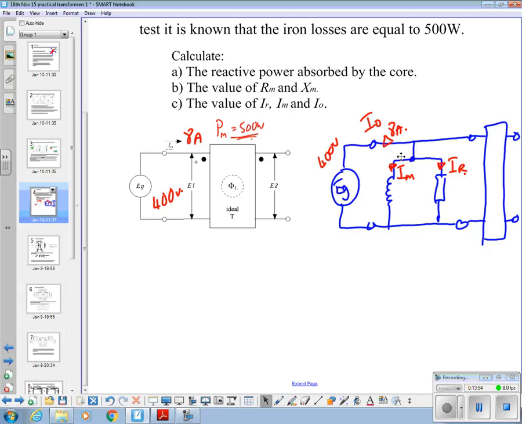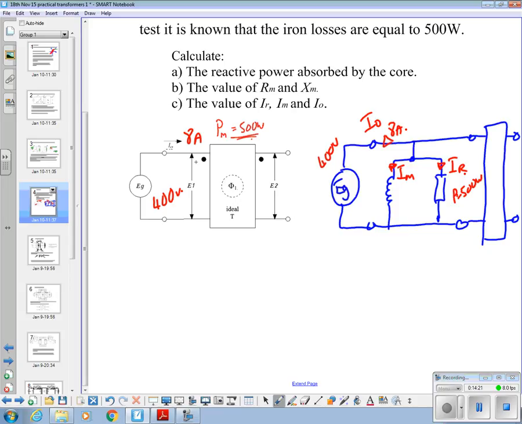Okay, so Matt, how can we do it? You tell me the formula. We haven't got the current. If we're going to use this, the resistor is dissipating 500 watts. So it's just that resistor that's dissipating that. So all we can do is focus just on that resistor.